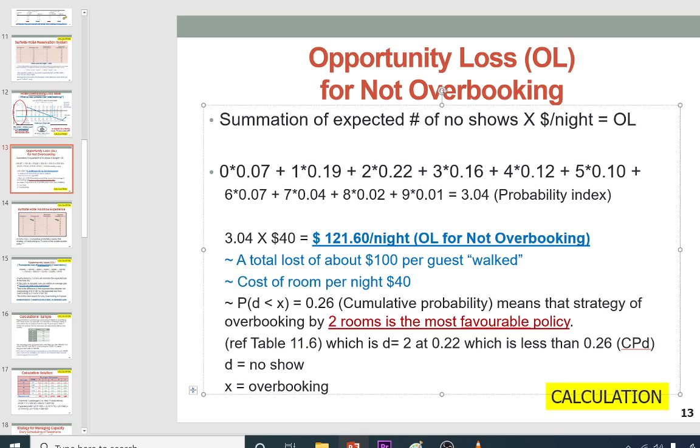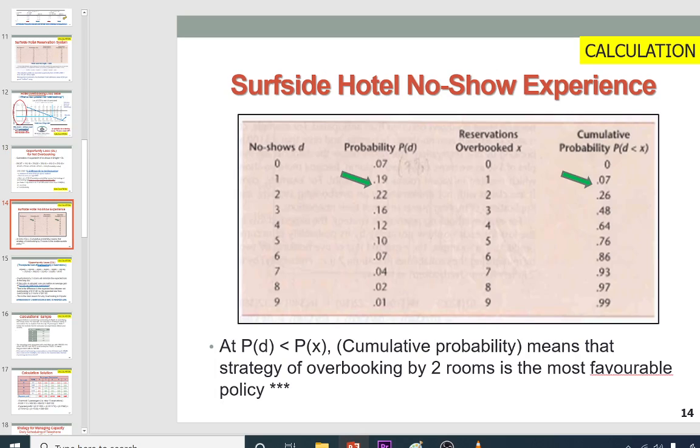So if you want to decide the number of rooms that is most favorable for the hotel to overbook, it is 2 rooms, by referring to this table. At overbooking of 2 rooms, you will see that the PD is smaller than the cumulative PDX.